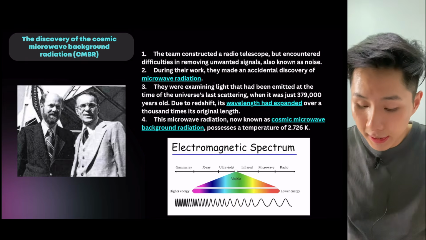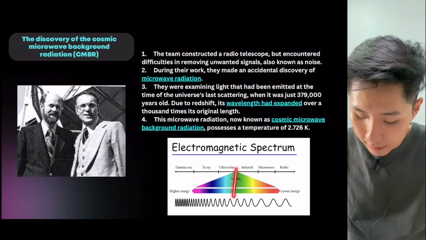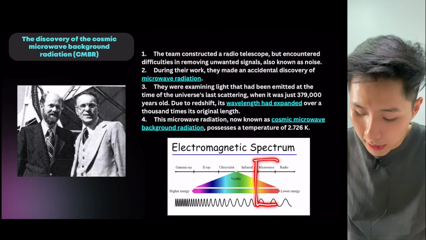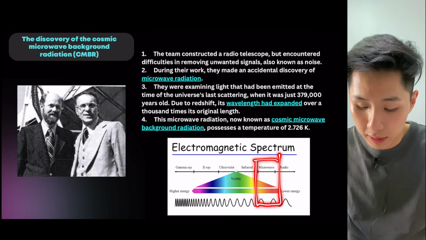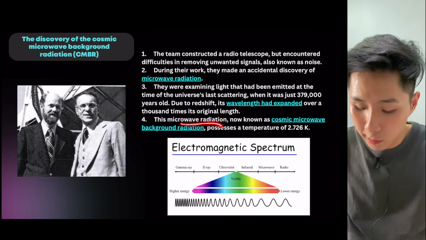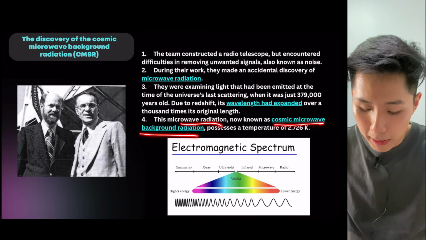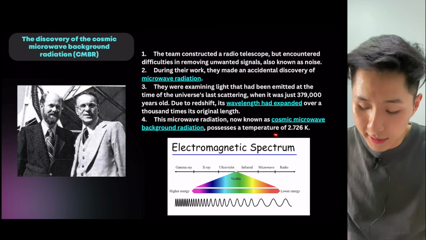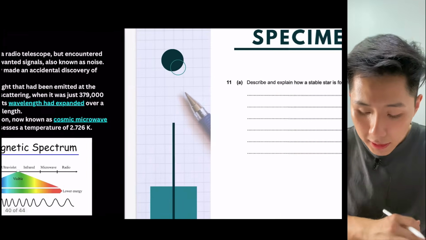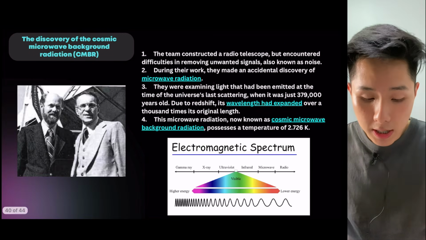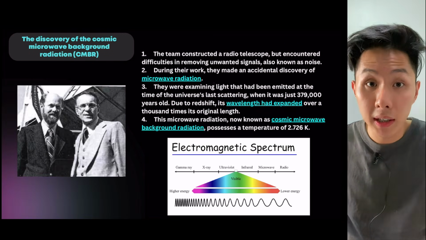And today, all this visible light has become what we now have, the microwave radiation. This microwave radiation is also known as the cosmic microwave background radiation, and it possesses this amount of temperature. So that's about it for all the theories involved in this chapter.